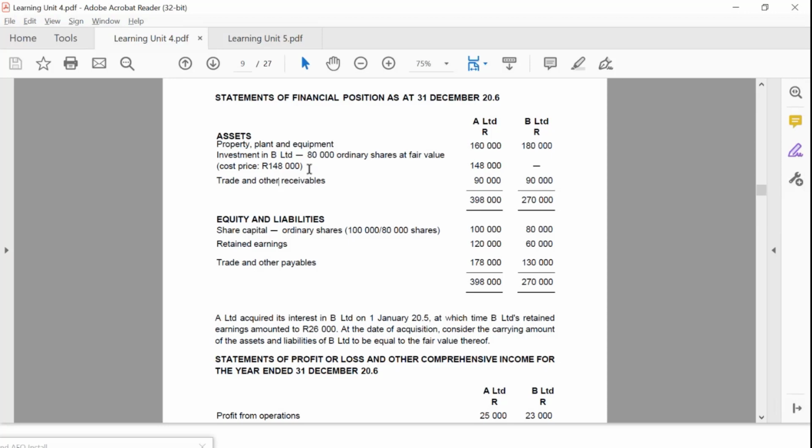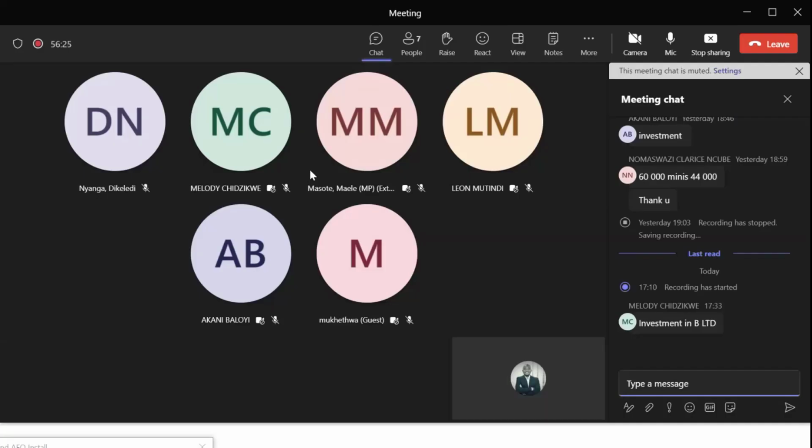Good stuff. Guys, I'm going to do this again. This is the most important thing in consolidation. It is elimination, because there are two steps to prepare consolidations. The first one is what? You join the assets, the liabilities, the equity, the income, the expenses of the holding company and the subsidiary. You put them together, like adding A plus 1 plus 2.